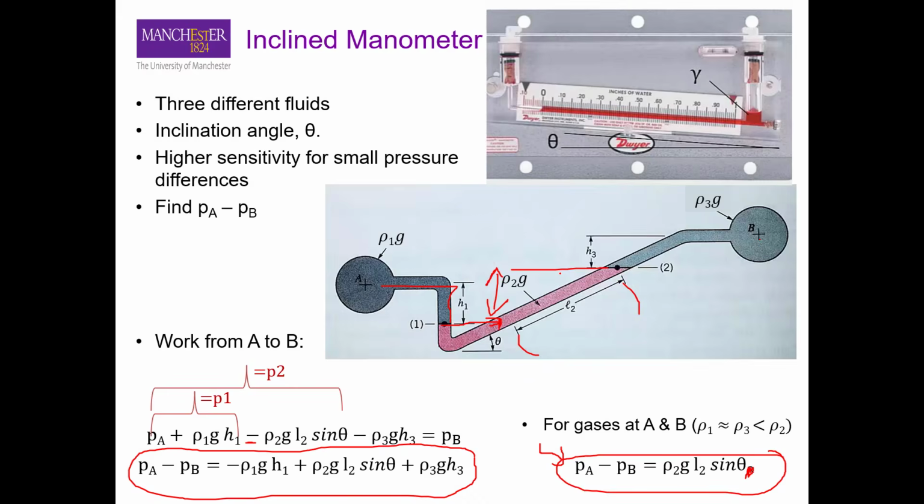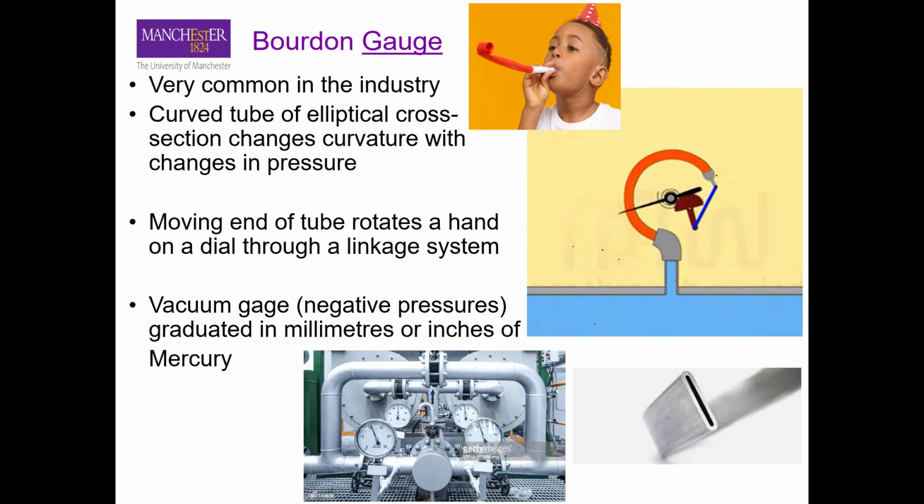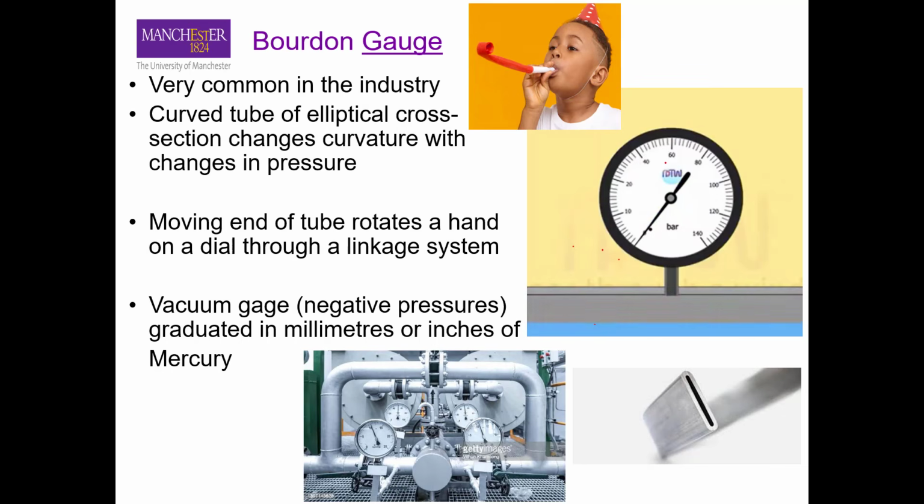So you have this tube that is connected to this dial, and as you exert pressure, the curvature of the tube changes, and then the dial on this scale moves to show you the pressure equivalent that you are applying through the fluid. So the moving end of the tube rotates a hand on the dial through a linkage system, as I showed you in the video.